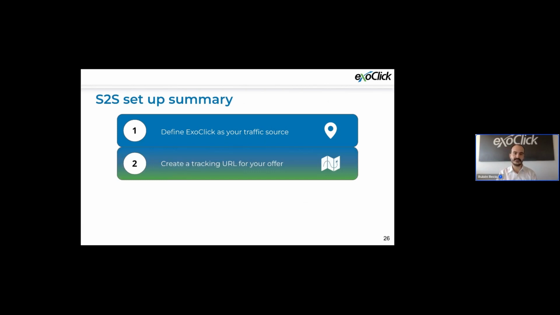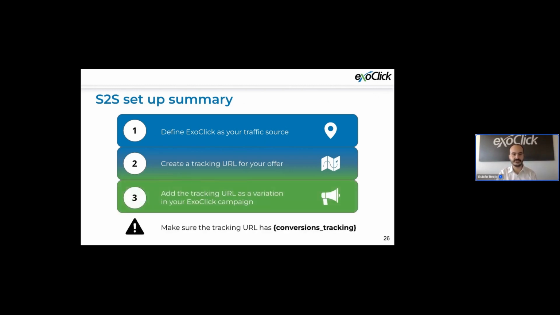Once you have done that, you follow all the other steps with your tracking solution and you create the tracking URL. Once you have your tracking URL, you add it as a variation in your campaign in ExoClick. Remember, it is very important that your campaign in ExoClick has a conversions tracking parameter. That's the tag that's going to send you all the information.